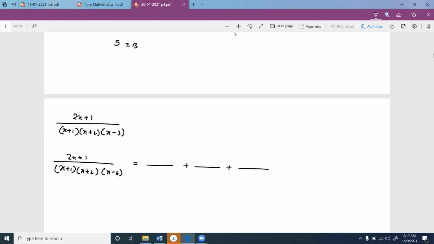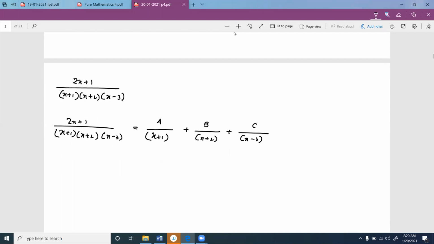That is, a over x plus 1, b over x plus 2, and c over x minus 3. Right, okay. Then you have to take the LCM. So you can write 2x plus 1 over x plus 1 times x plus 2 times x minus 3 equals to here, but this is the point you have to understand, right?